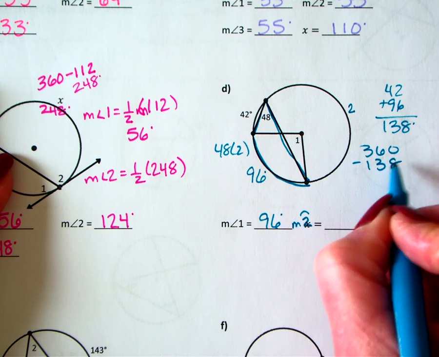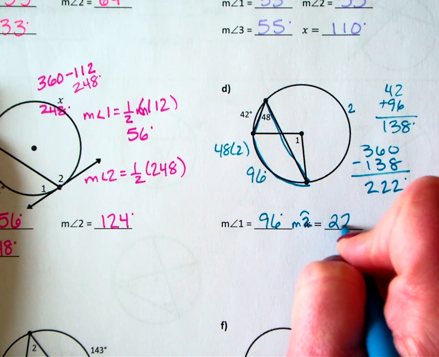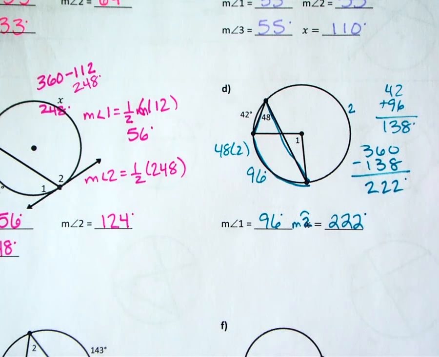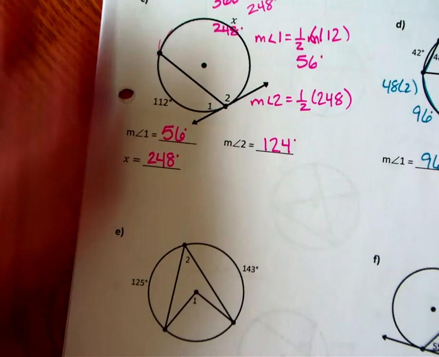So 360 minus 138 gives me 222 degrees for the measure of arc 2. See how you can just kind of start filling in what you see that you can do? Find everything you can, and then go look at what's being asked if you want.